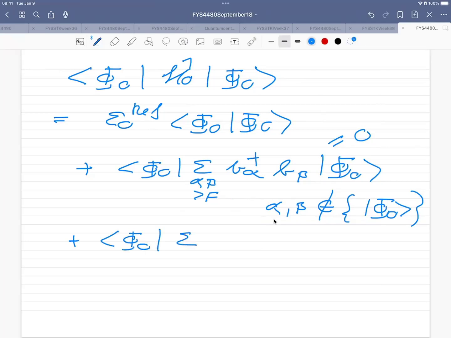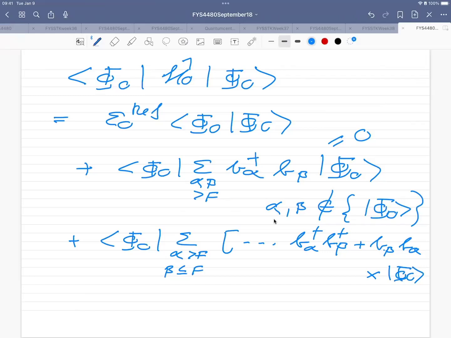So I'm going to have this term alpha larger than F and beta less than F. And I'm just going to write these dots. There's going to be a B alpha, B beta, like that, and plus a B beta and B alpha, where alpha is now larger than F, and this is multiplied with phi 0.